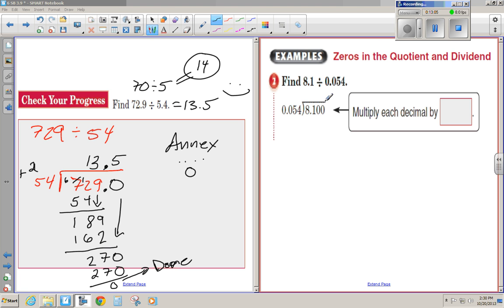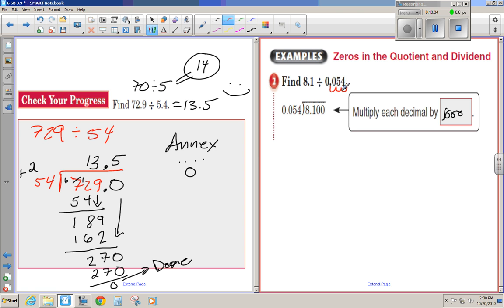All right, so zeros in the quotient and dividend. All right, so now when looking here, you should see that you can multiply each side by, I think it's going to be 1,000. But I prefer, and I think it's better for you, just look and say, how many times does the thing you're dividing by have to move?